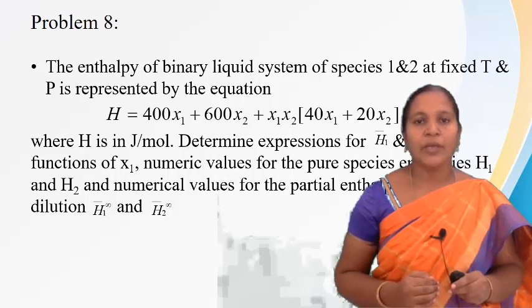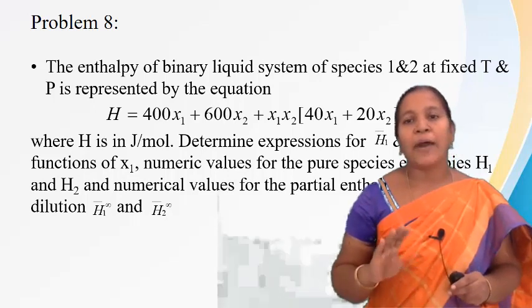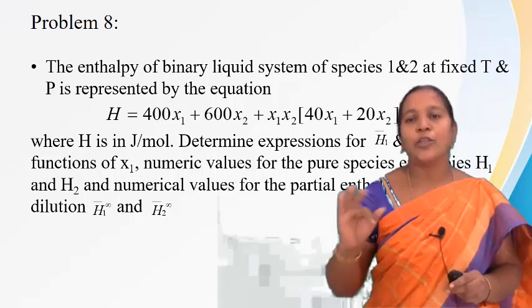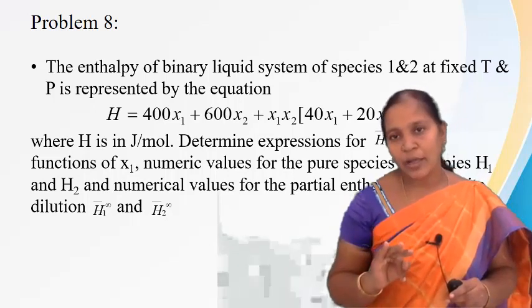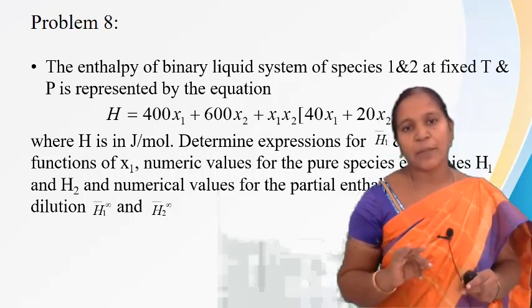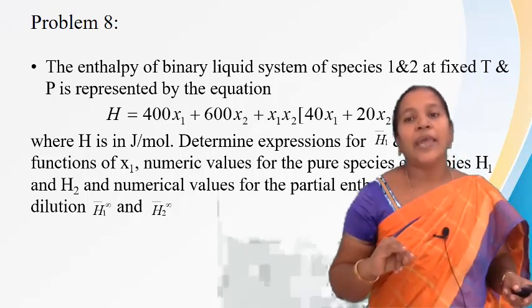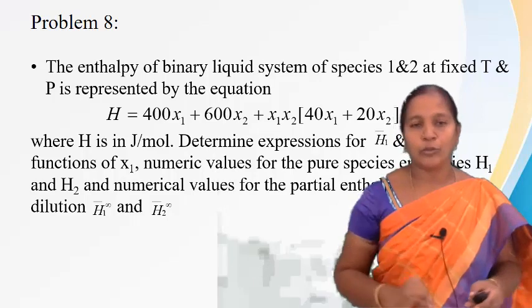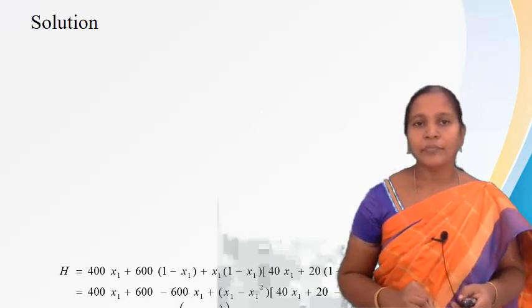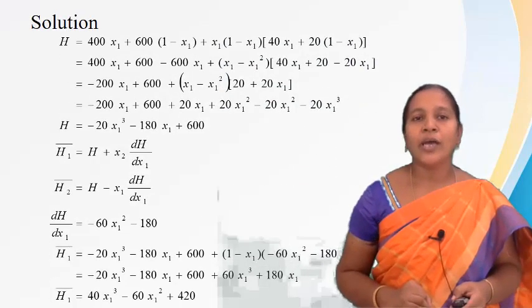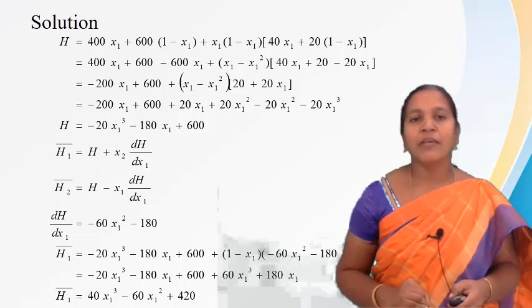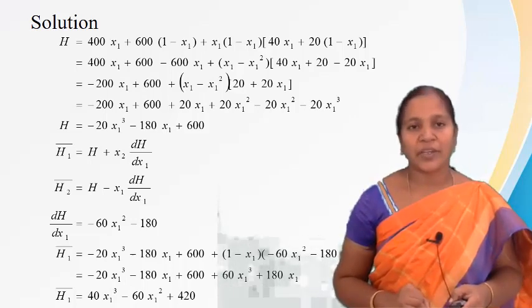This is the problem. Here we have to calculate partial molar properties and numerical values of pure species enthalpies and numerical values for the partial enthalpy at infinite dilutions. Here we know the formulas for partial properties.